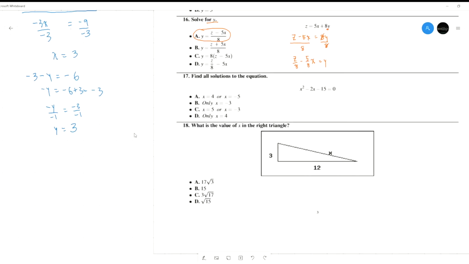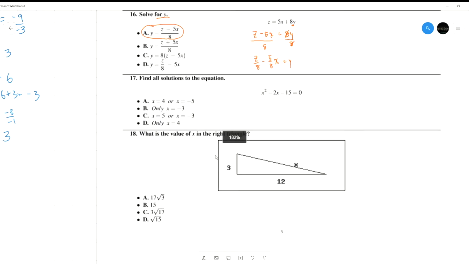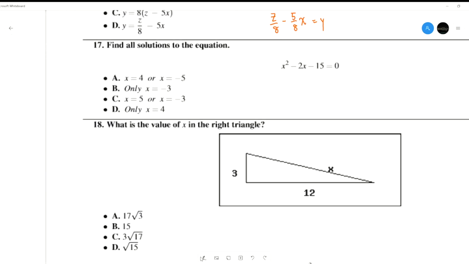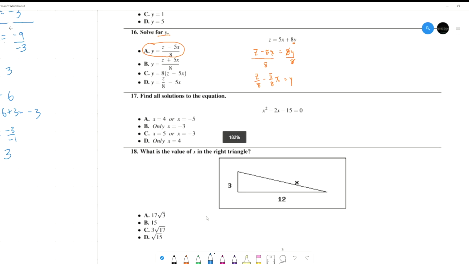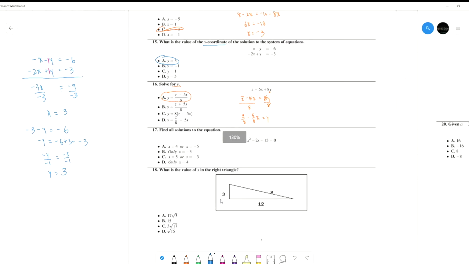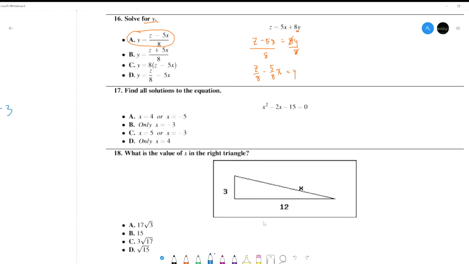Okay, number 17. Let's try that. Actually, did we do number 17? I think we did, right? Let's move on to, well, just in case we didn't, I'll do it really quickly. This is factorable, right? So you can either plug it into your polysolver, which I think we did.